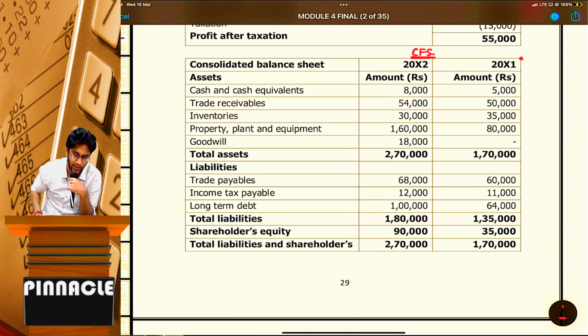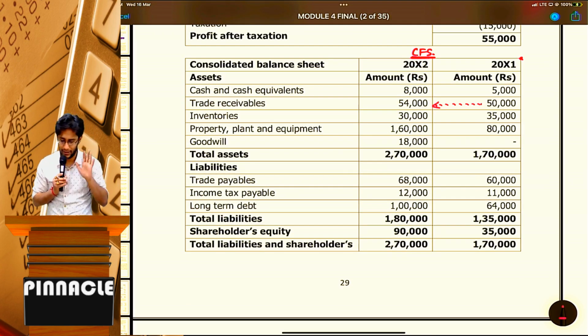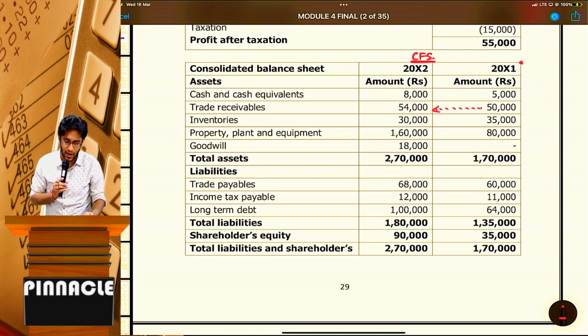Come to the balance sheet. In this balance sheet, I have to do working capital adjustments. For working capital adjustments, observe here, 50 became 54. But the current year balances also include the subsidiary you have acquired. Don't compare 50 and 54 directly. Sir, what should I do, sir?